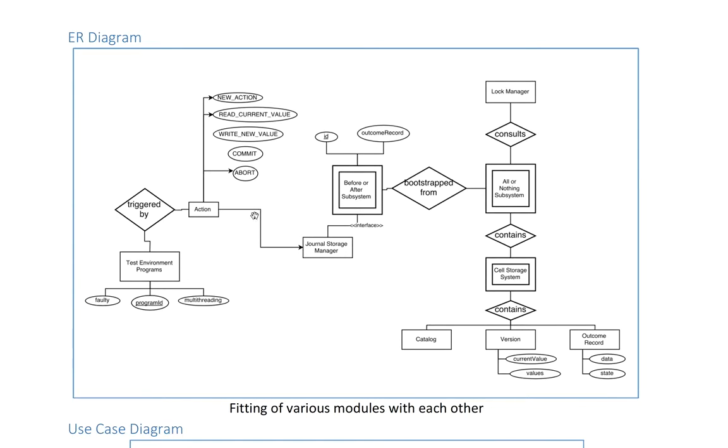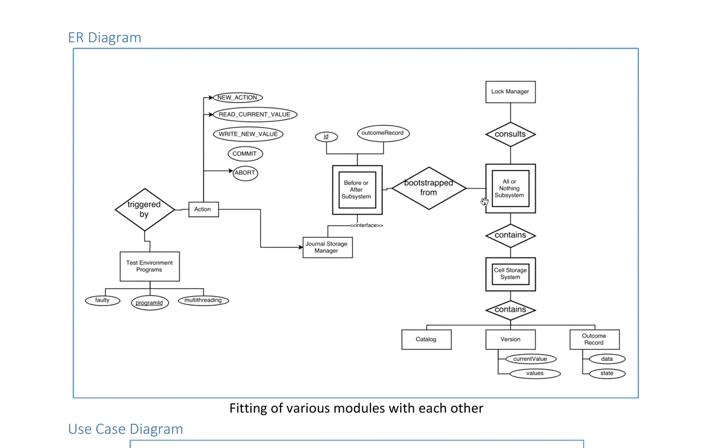These actions are listened to by the journal storage manager, and this acts as an interface to the before or after subsystem as well as the all or nothing subsystem. As discussed earlier, the before or after subsystem is bootstrapped from the all or nothing subsystem, that is, it's built as a layer over the all or nothing subsystem.